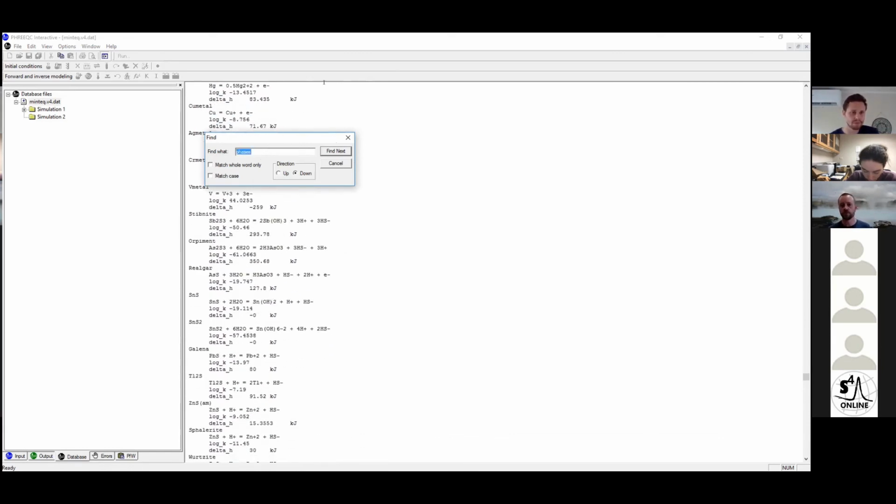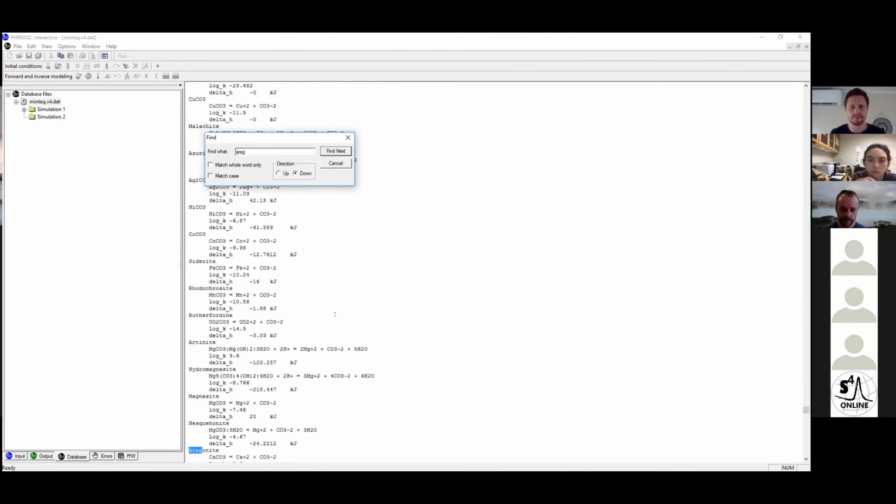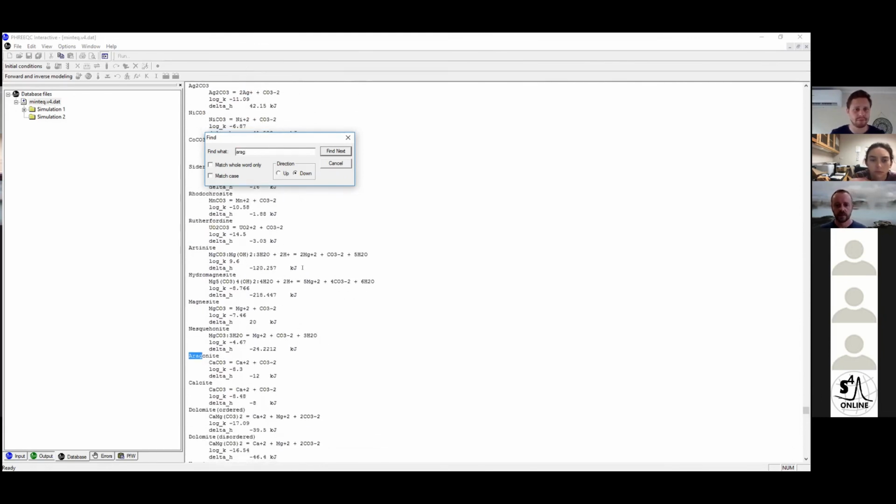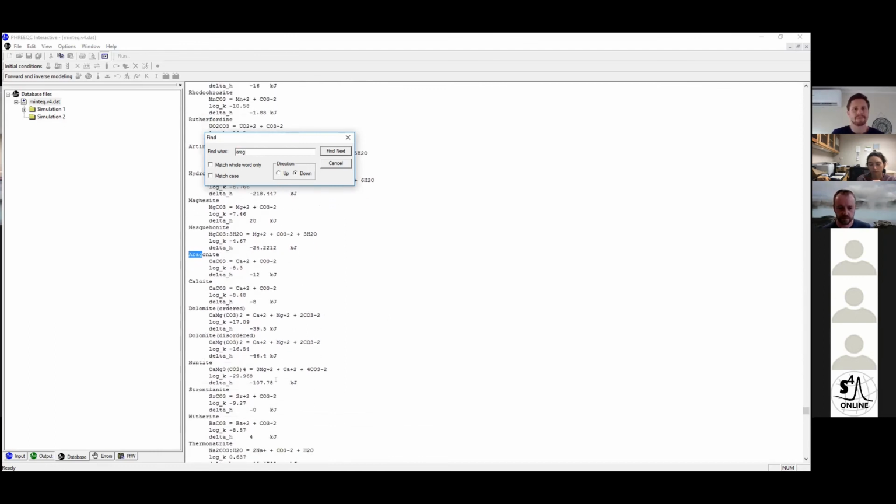If you're not sure if the mineral you're interested in is in the database, just do a find and look it up. So I don't know, aragonite. There it is. Okay. While it's identical in terms of its chemical formula to calcite, its thermodynamic constants differ. So this is why PHREEQC would give you different results for aragonite versus calcite, and so on.